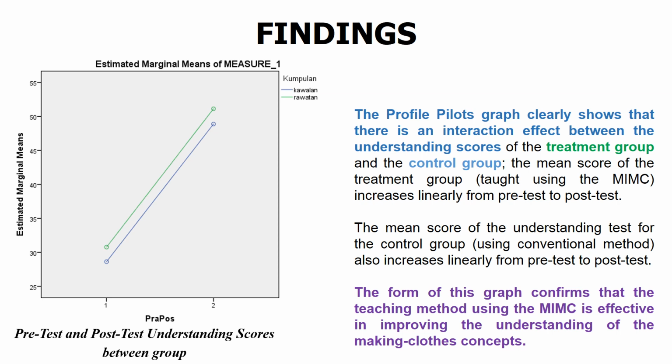And this profile plot graph clearly shows that there is an interaction between the understanding score of the treatment group and the control group. The form of this graph confirms that the teaching method using the multimedia interactive module is effective in improving the understanding of the making clothes concept.